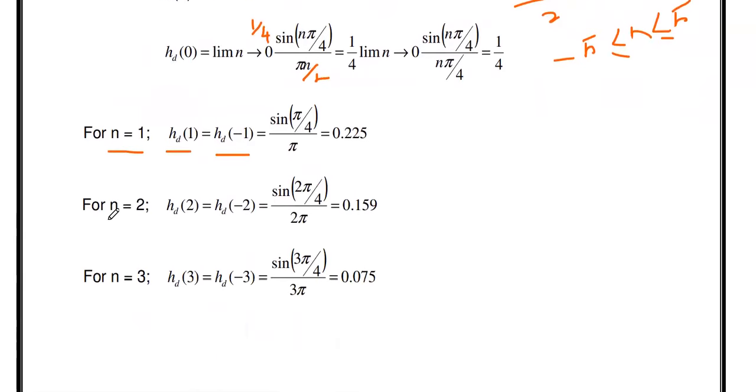Similarly for n equal to 2, just calculate the value. hd(2) and hd(minus 2) are both equal. Sine 2 pi by 4 divided by 2 pi, so the answer is 0.159. Similarly, for n equal to 3, the answer is 0.075.